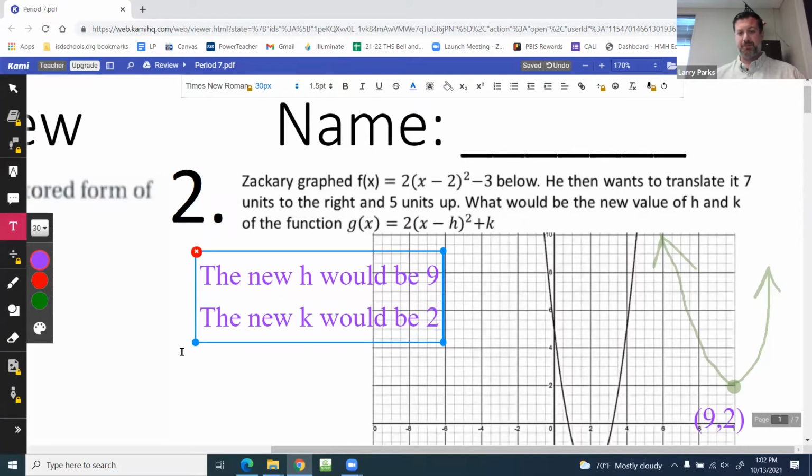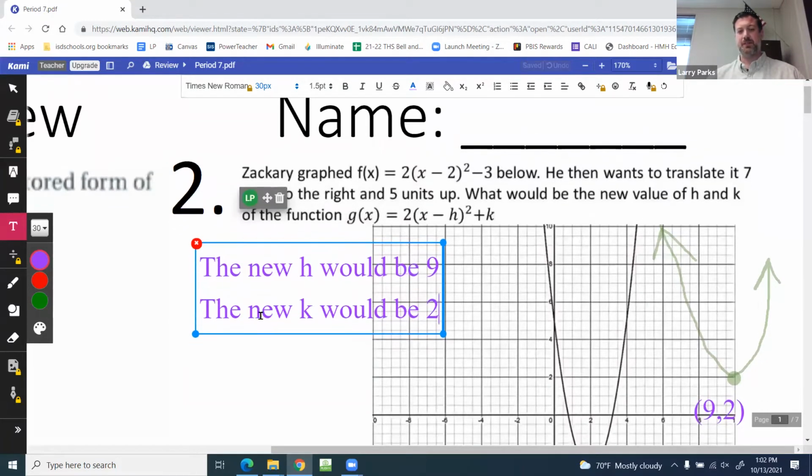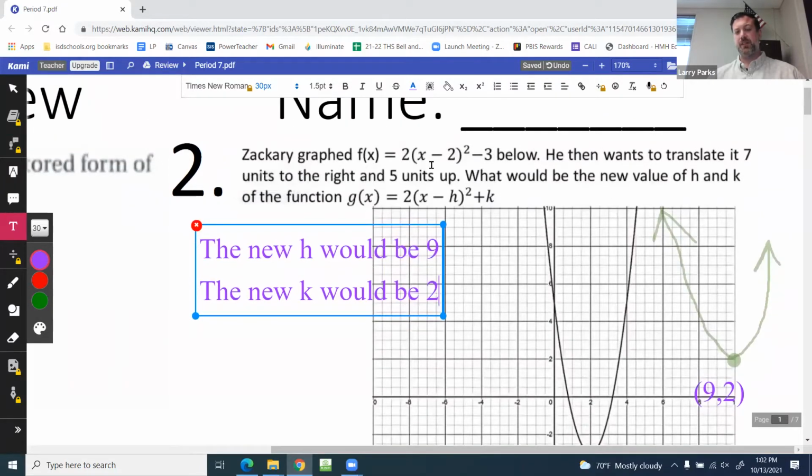In other words, if you start 2 to the right and you move it 7 to the right, that now becomes 9 to the right. And if you start at 3 below, but then you move it 5 up, then that becomes just 2 up. So that would be my new value of h and k. My number right here would be 9. My number right here would be 2.